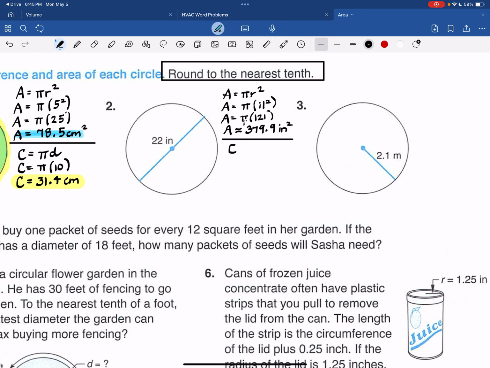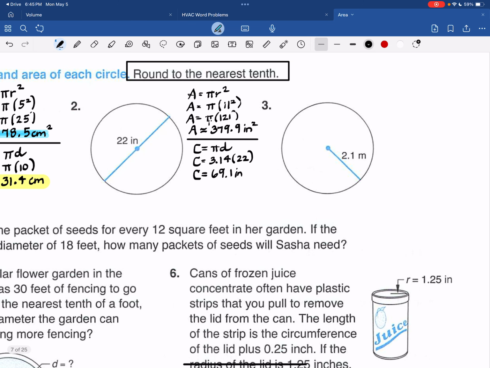And circumference is pi d, so 3.14 times 22. It's a little bit hard for me to multiply with pi in my head, 69.1 linear inches.